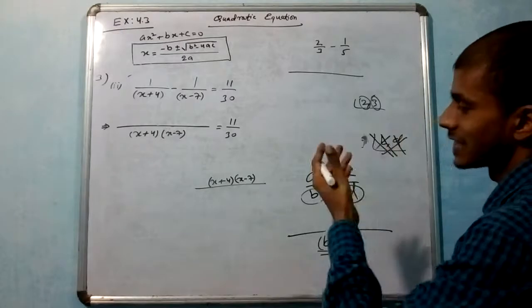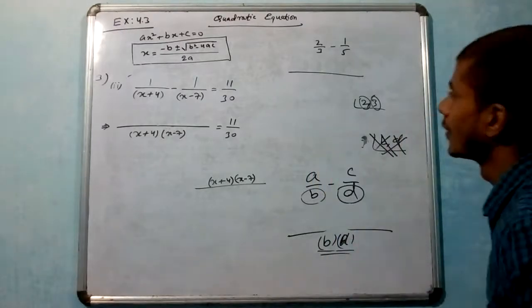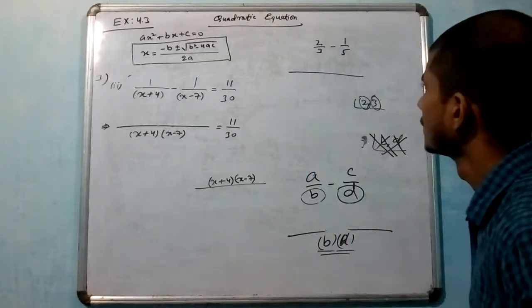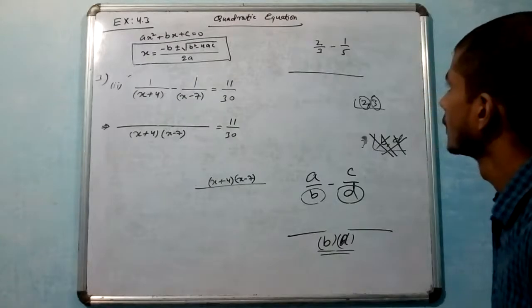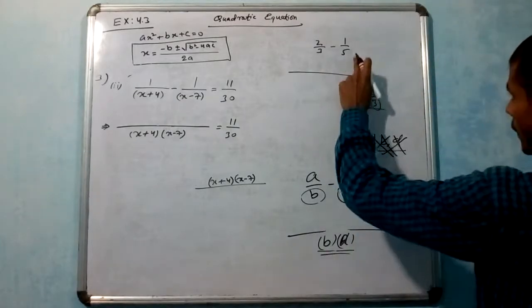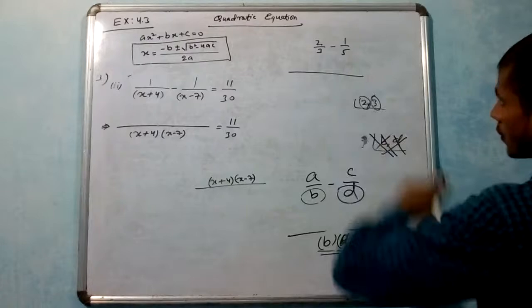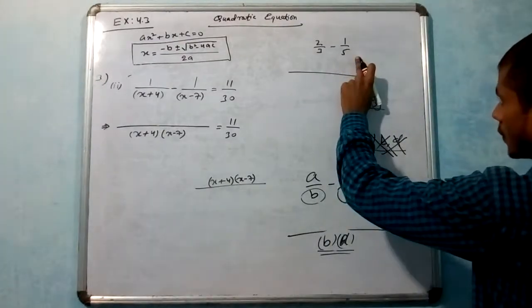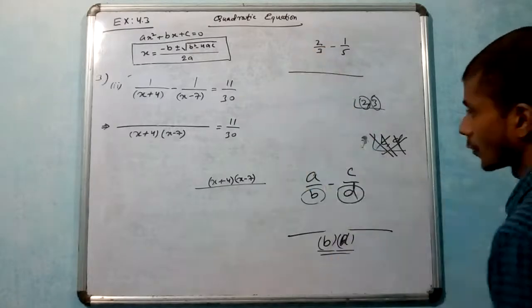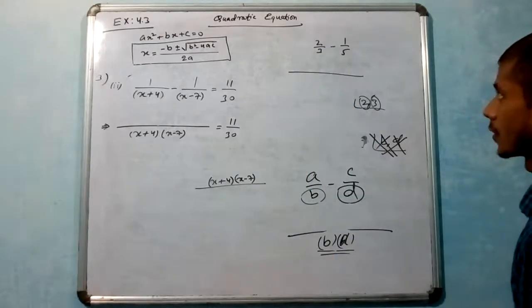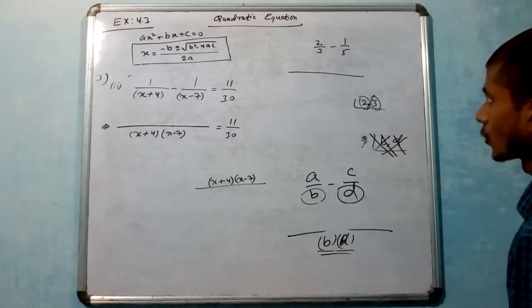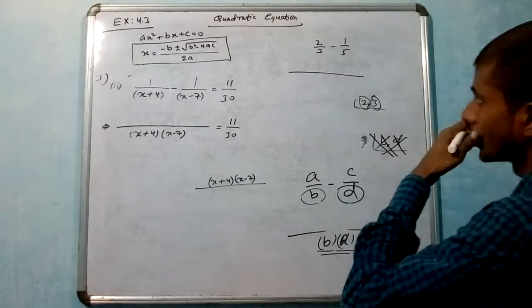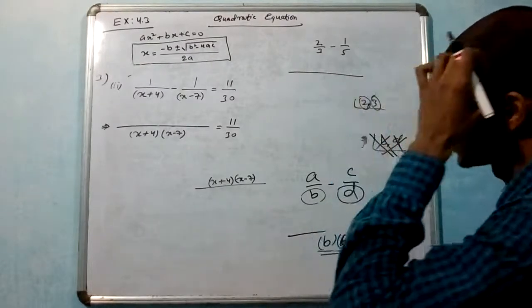For 1 by 5, multiply both sides. On this side, 3 up and down, and on this side, 5 up and down. Then solve, because the denominator will become the same, and then subtract.